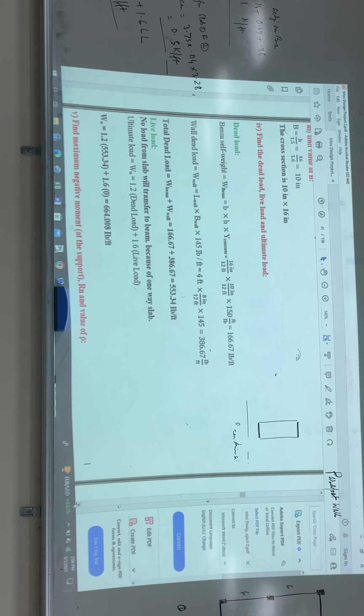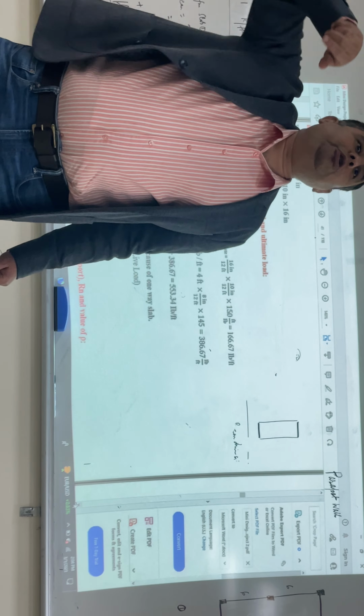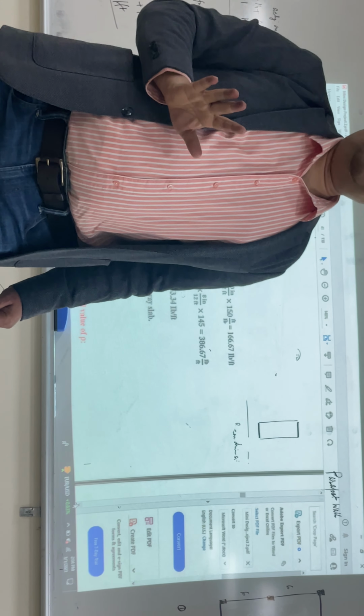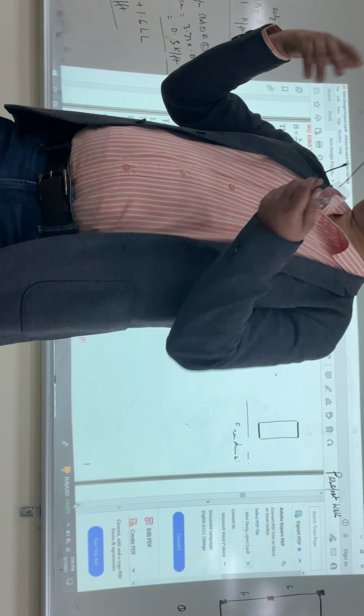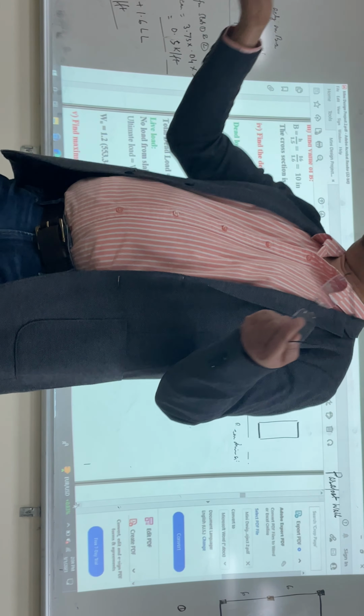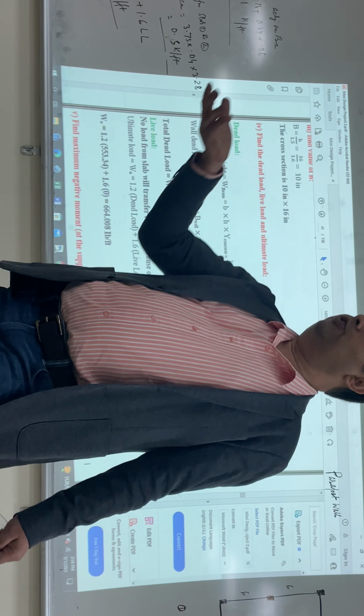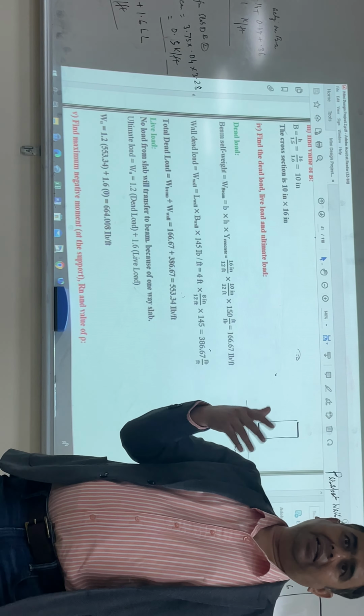Then you have to consider the wall load also. Generally in your plan, for the outer beam you can consider the wall load also. Whether slab load is coming or not depends on the one-way type.